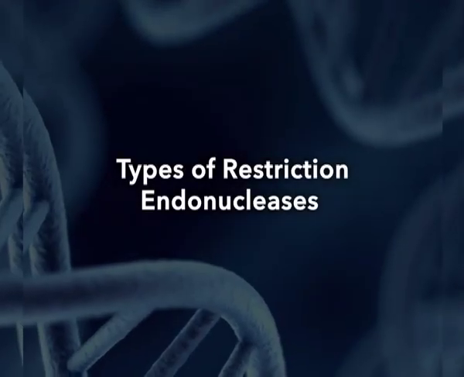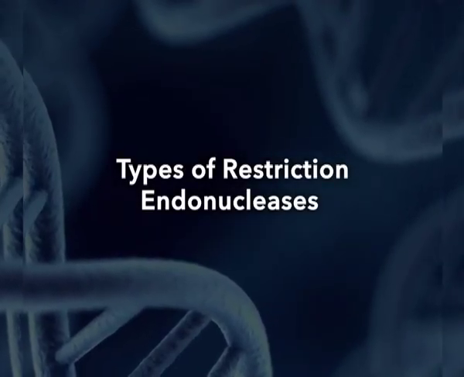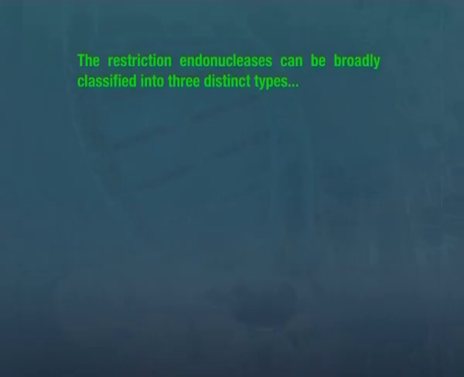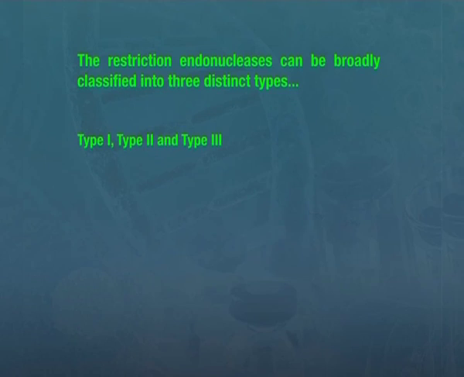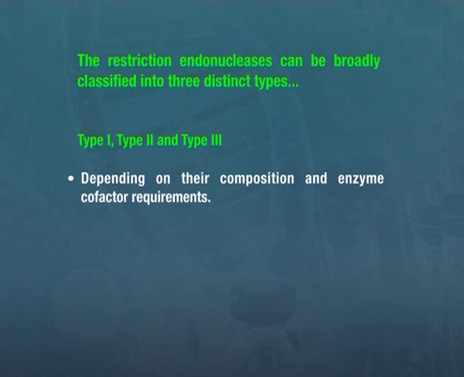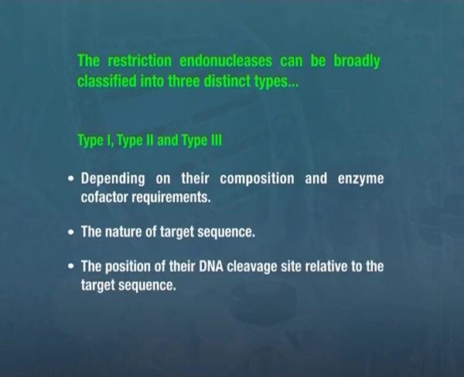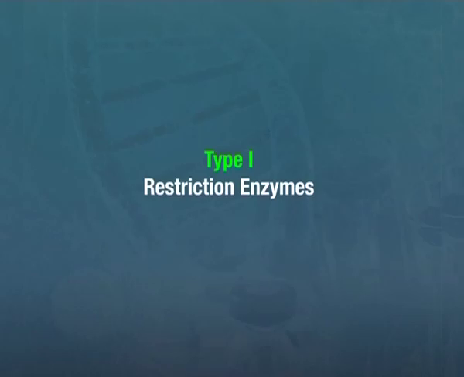Let us come to the types of restriction endonucleases. The restriction endonucleases can be broadly classified into three distinct types: type 1, type 2, and type 3, depending on their composition and enzyme cofactor requirements, the nature of the target sequence, and the position of their DNA cleavage site relative to the target sequence. First, let us take up the type 1 restriction enzymes.